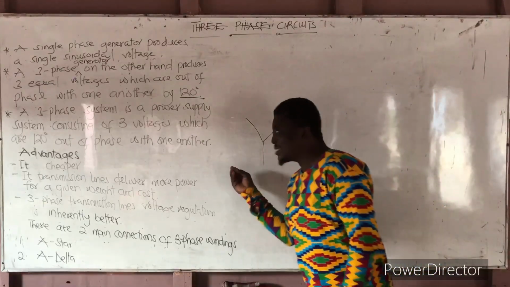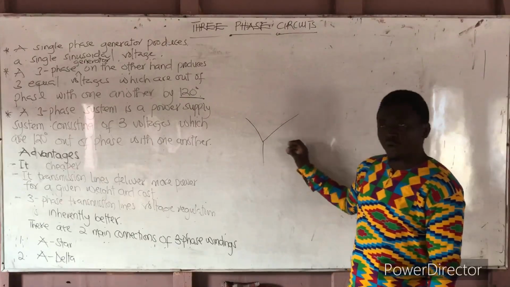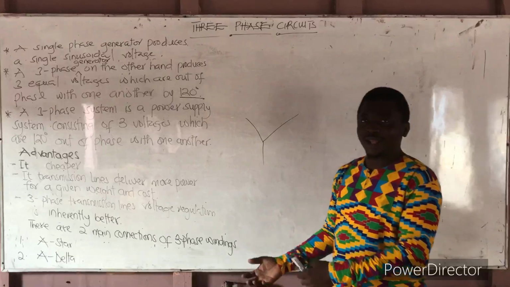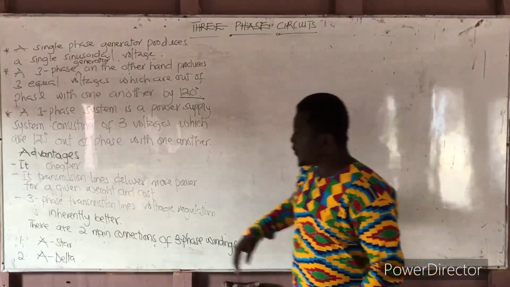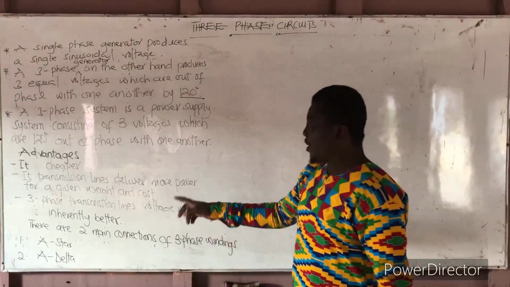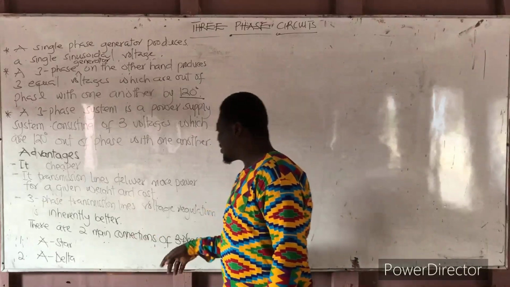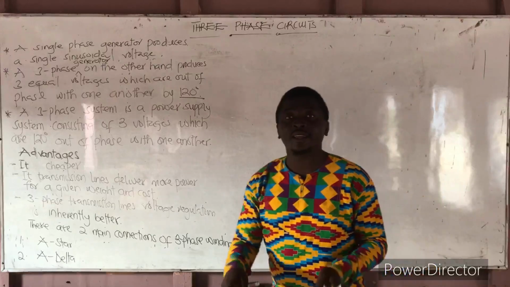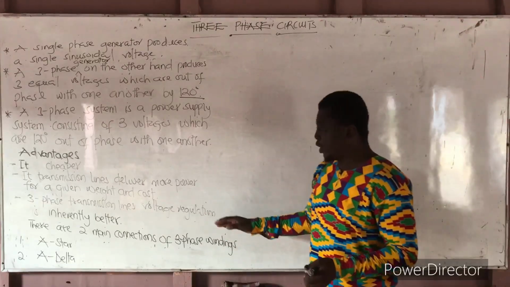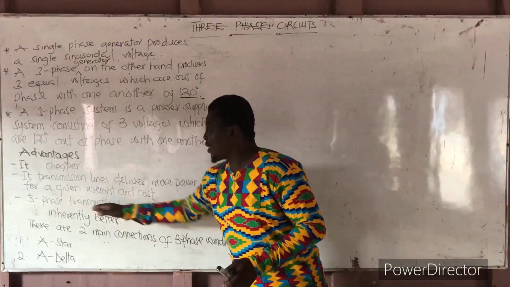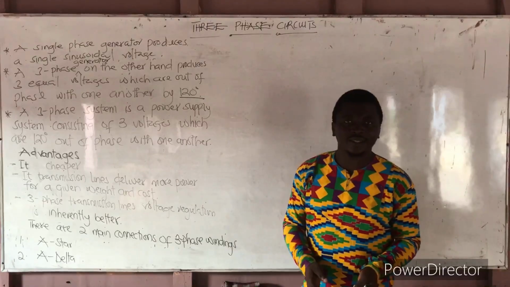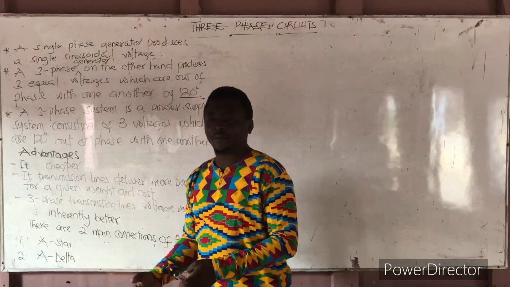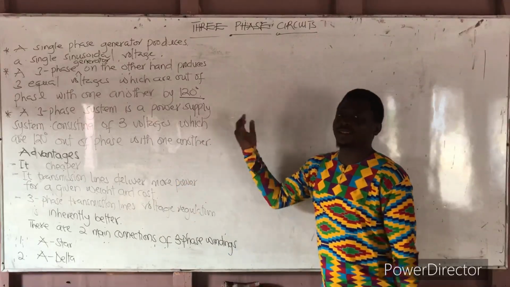When you give that same weight and cost to three phase, you will get more power than in single phase. And the last one, three phase transmission lines voltage regulation is inherently better. So if you want to regulate the transmission lines in three phase, it is slightly better than regulating the transmission lines in single phase.